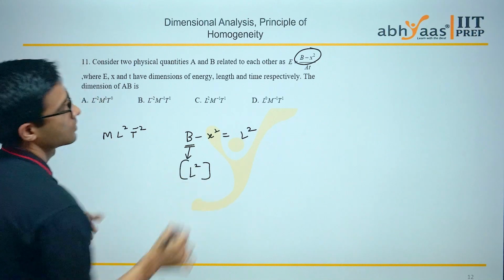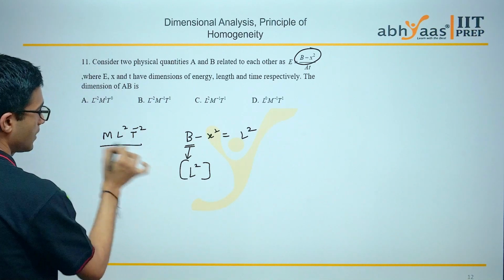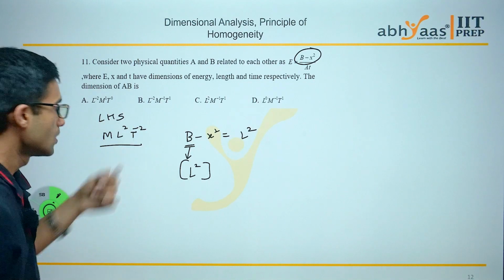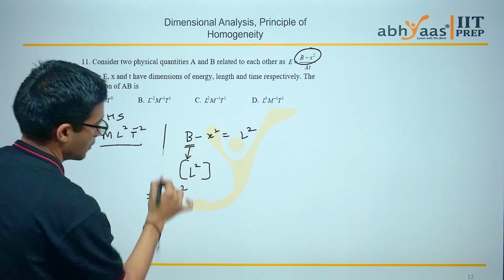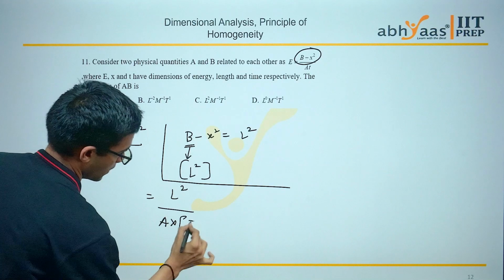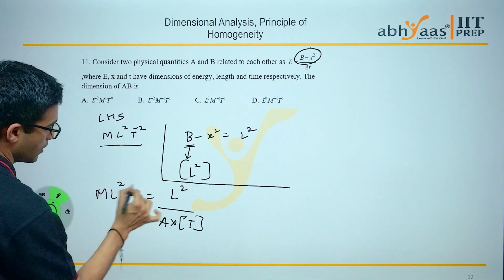Okay, understood? Similarly, AT. Okay, AT is there. In the left hand side, what we got? That is energy. Energy m L square t power minus 2. In the right hand side, in the numerator, you got L square by A into time t. Time is t. So m L square t power minus 2.